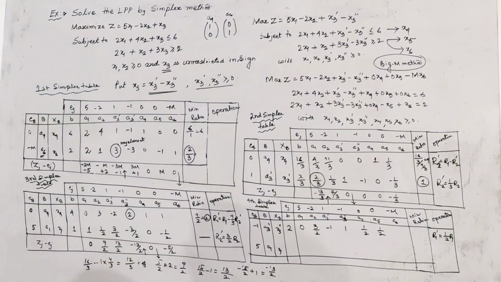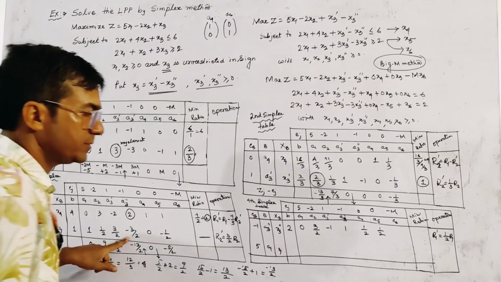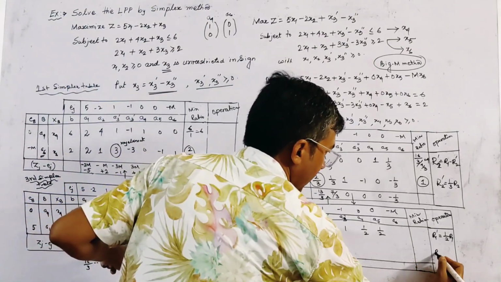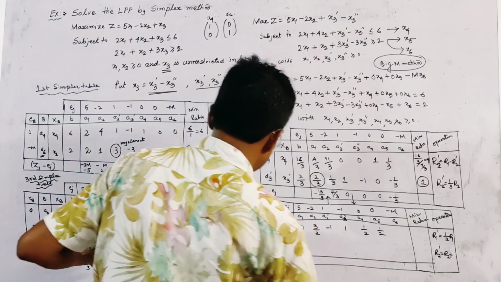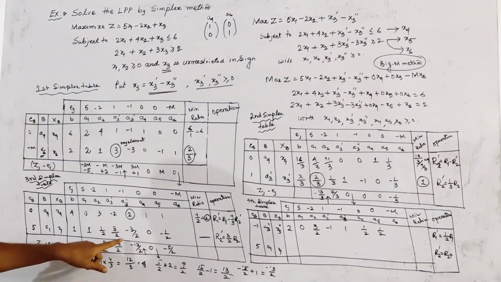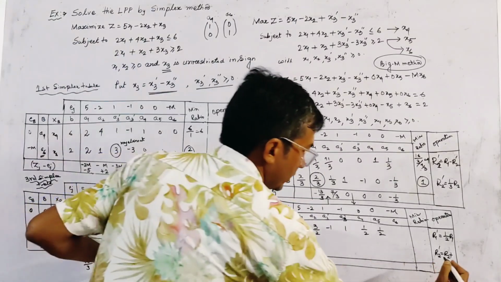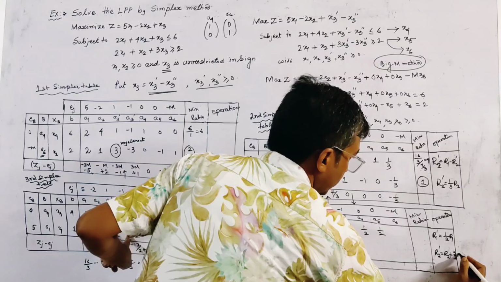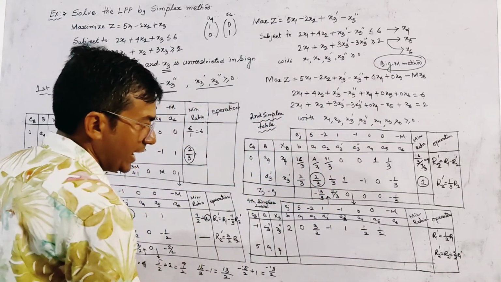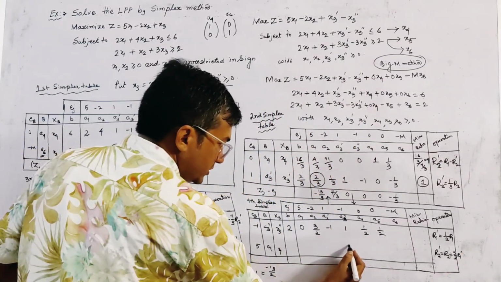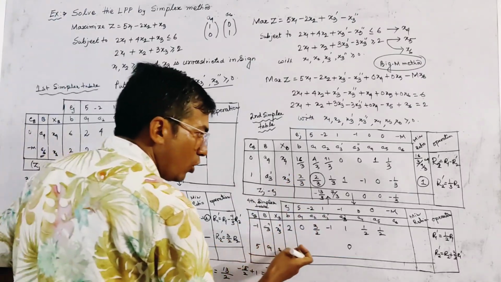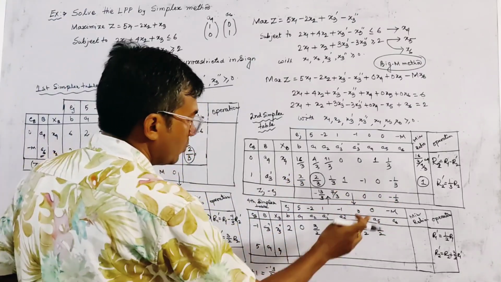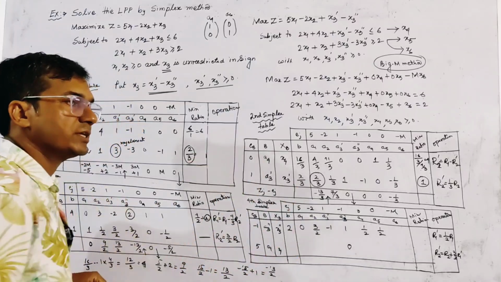Okay, and this element becomes 0 by operation R2 dash equal to R2 plus, this is minus, so we make plus 3 by 2 into R1 dash, and this operation gives 0, and we make the same operation for all the elements of the second row.